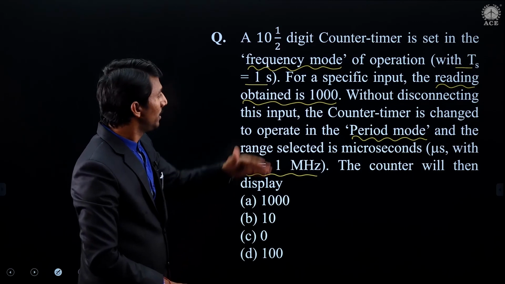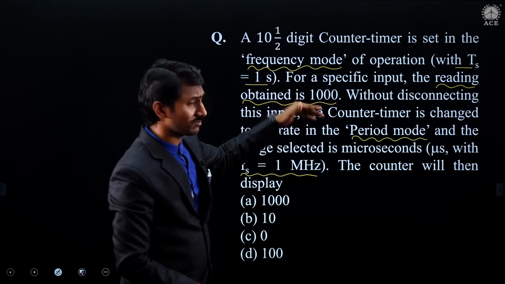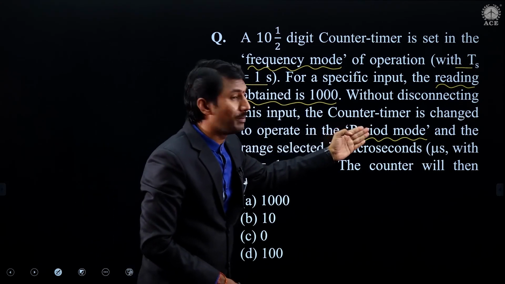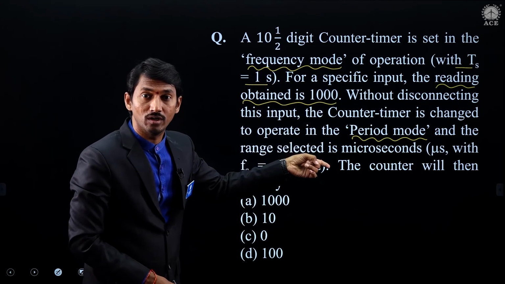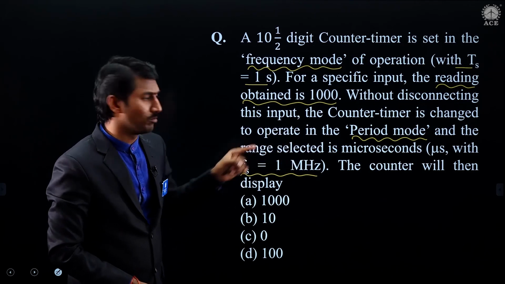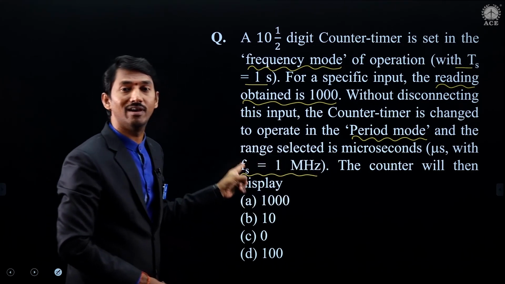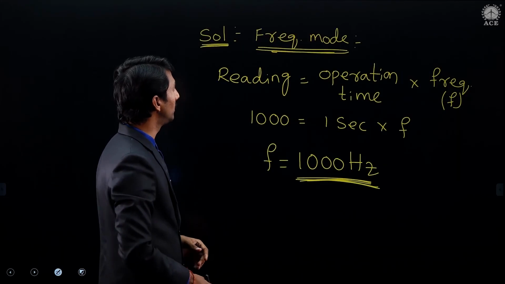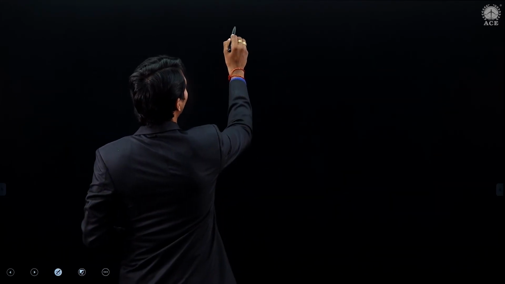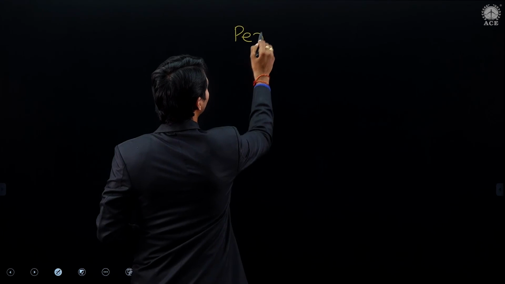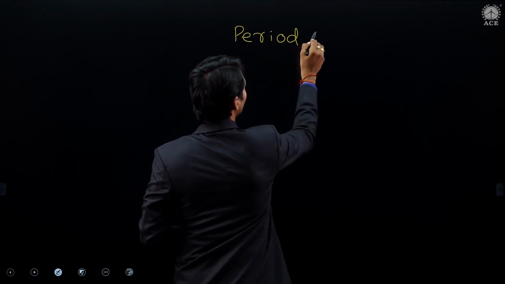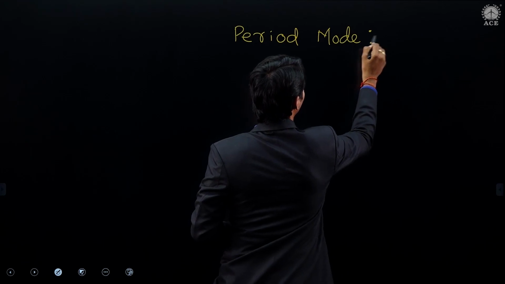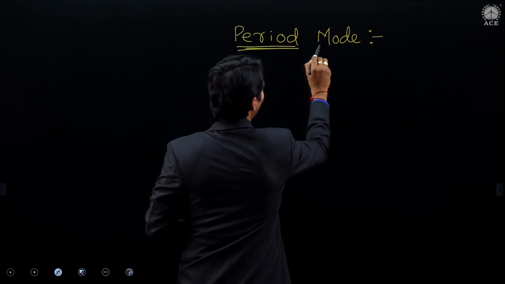Some data is given in frequency mode, and that mode is changed to period mode. In the period mode, he is asking what the corresponding reading displayed will be. So let us write period mode.